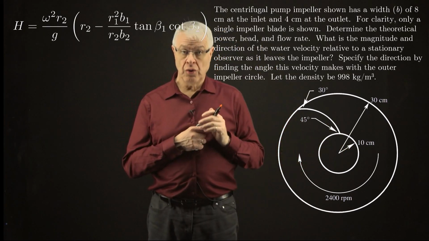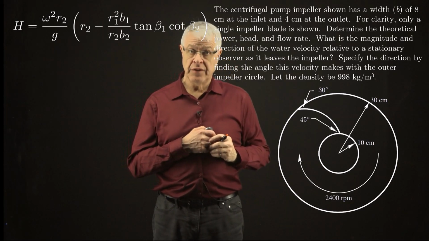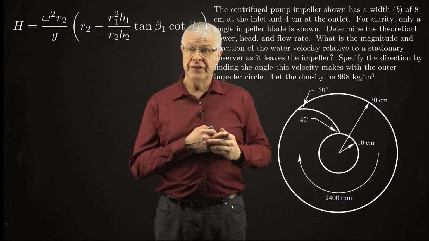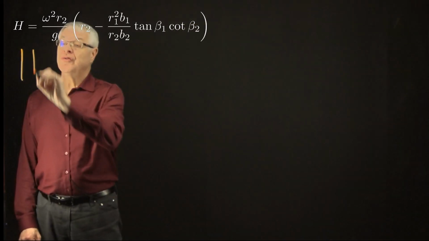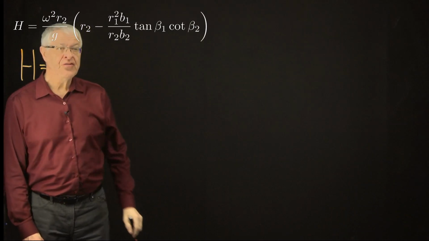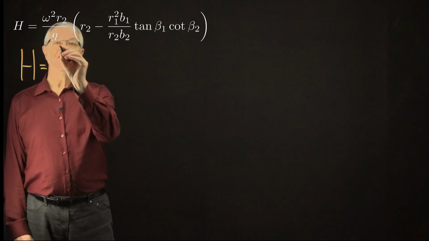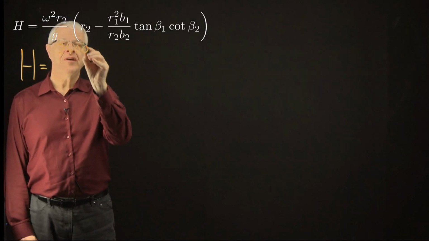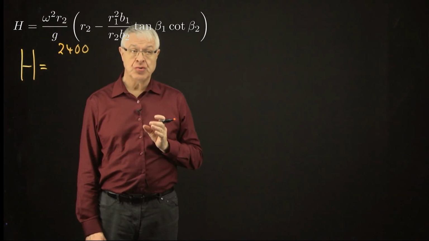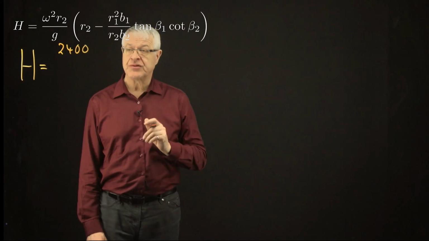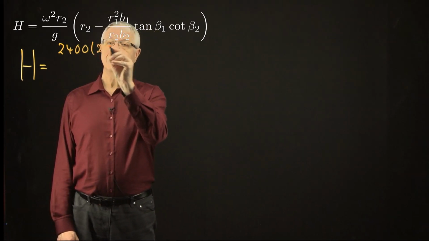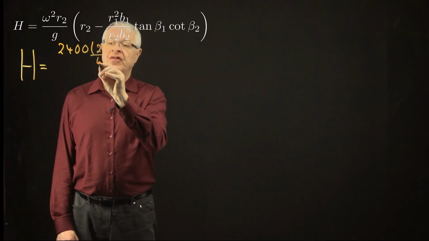But for now, we're going to go ahead and solve for the head that the pump produces by filling in this equation. So the head produced by this pump is going to be equal to, first of all, the angular speed. So that was given as 2400 RPM. In order for this equation to work, that needs to be in radians per second. So I need to multiply that by 2 pi over 60.